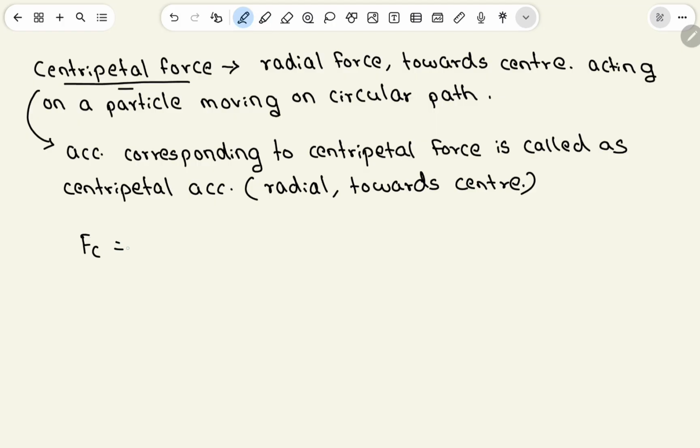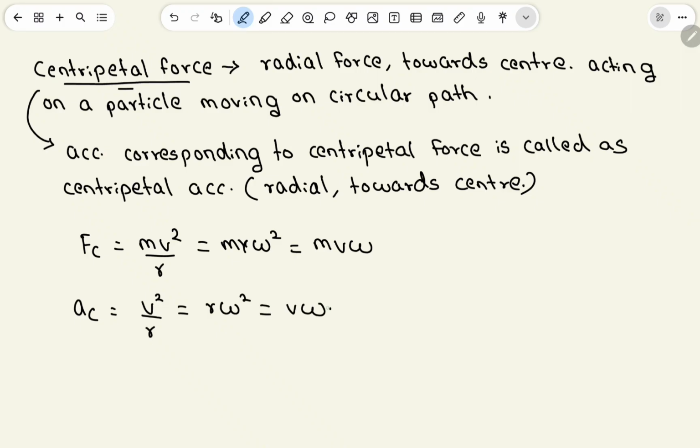And these are the formulas: centripetal force mv square by r, m r omega square, mv omega, and AC, just remove the mass from centripetal force, v square by r, r omega square, v omega. Okay.